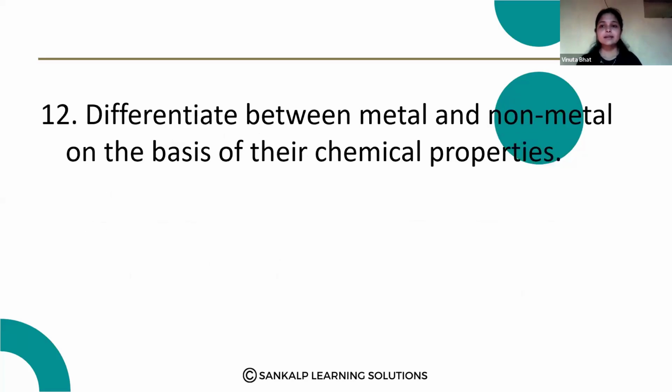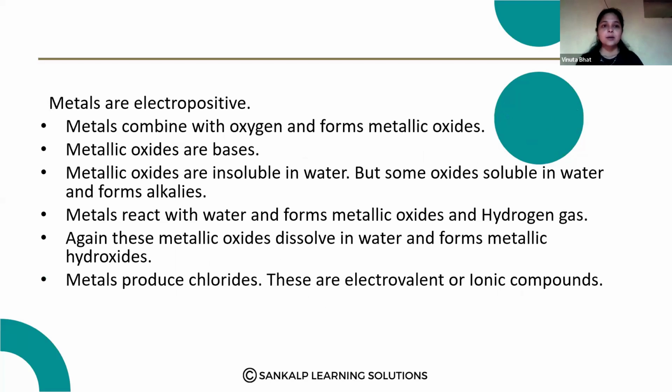Next one. Differentiate between metals and non-metals on the basis of their chemical properties. Metals are electropositive. Metals combine with oxygen and form metallic oxides, and metallic oxides are bases.